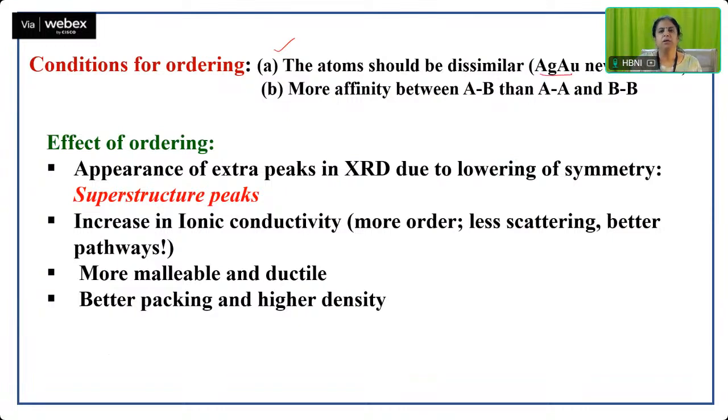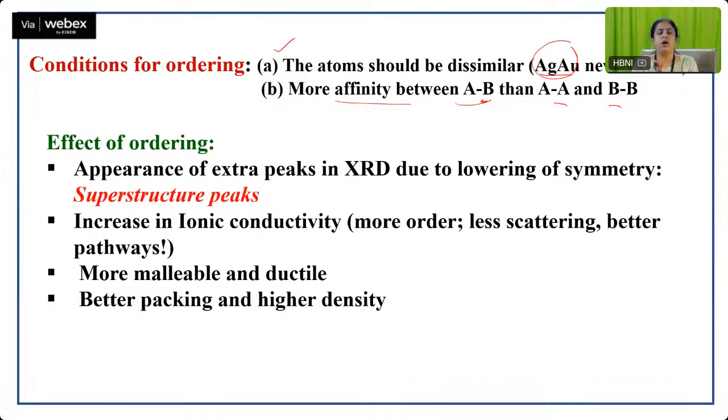For example, you get brass, which is copper zinc, you get bronze, which is copper tin, but in a silver gold alloy you will never hear of ordering. Why? Because silver and gold are similar in their properties. They would never order, howsoever low a temperature you take, at least whatever I have read about it. So for ordering to occur, there has to be more affinity between AB than AA and BB.